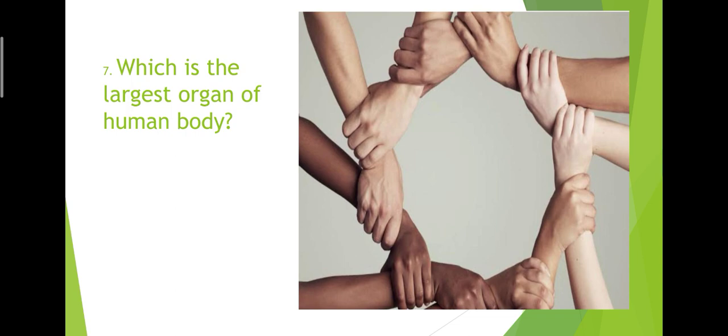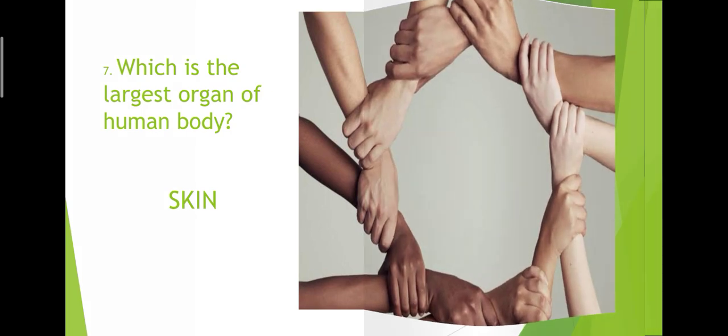Our skin is the largest organ of the human body. From head to toe we have this organ. Our body is covered with skin. The weight of an adult person's skin can be roughly 3.6 kgs.